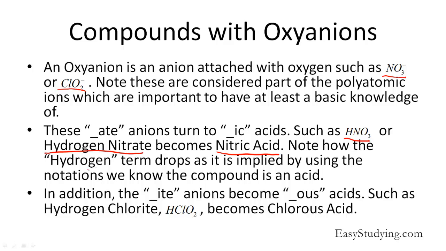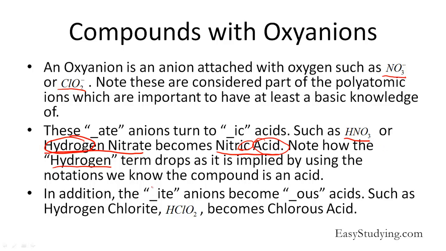Also note how the hydrogen term drops, as it is already implied by using the ic and the word acid that the compound is an acid and thus will include a hydrogen as the cation, or the positive ion, in front of the anion.